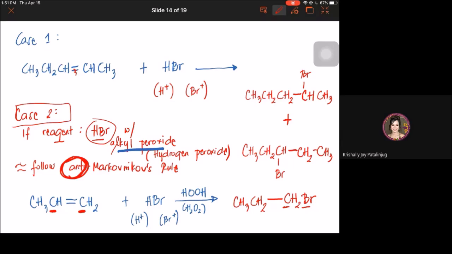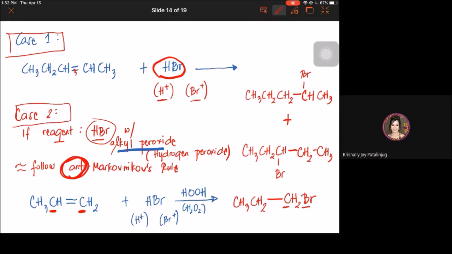So, please do remember these cases. Case number 1 and case number 2 under hydrohalogenation. Okay? So, pag makakita mo sa reaction na ay hydrogen bromide ba or hydrogen chloride, automatic. Hydrohalogenation yan. Ang electrophile nga imuhang makuha out from that is an H plus and Br plus.